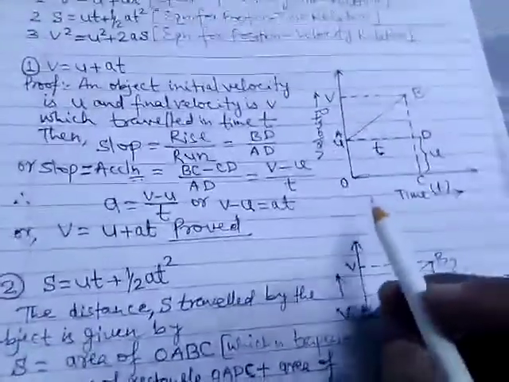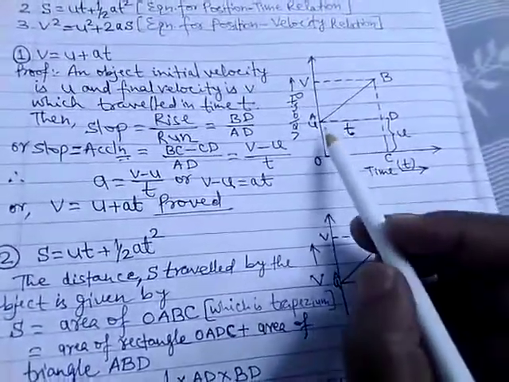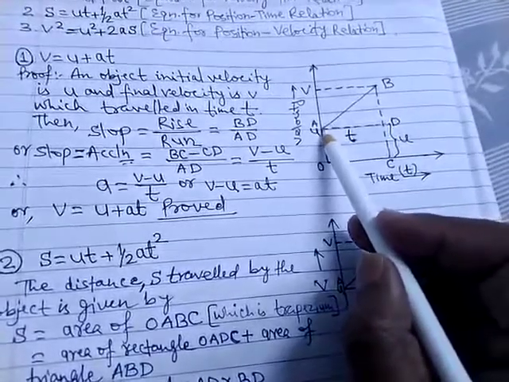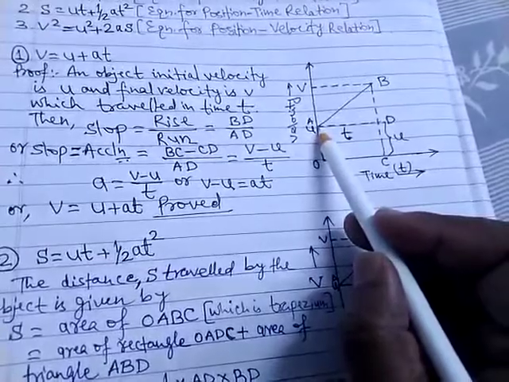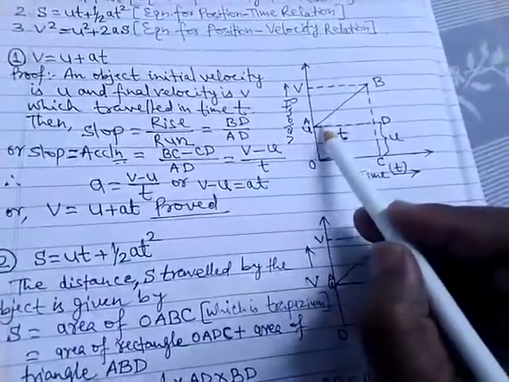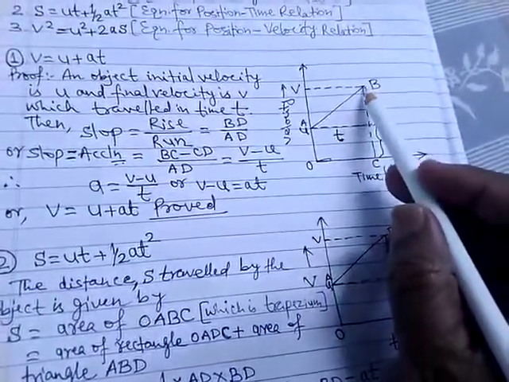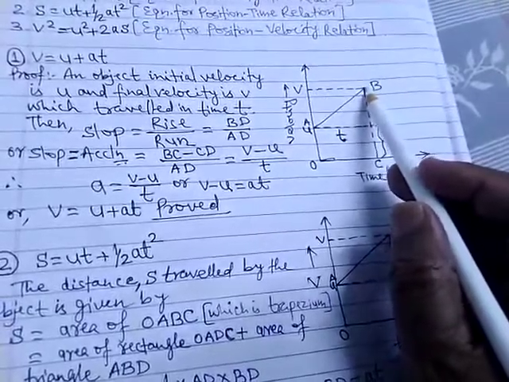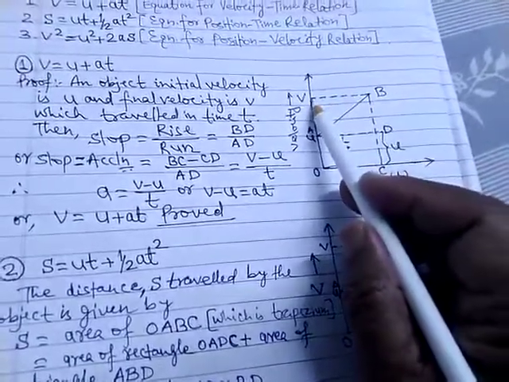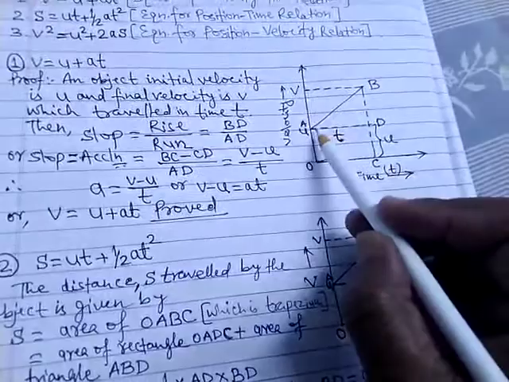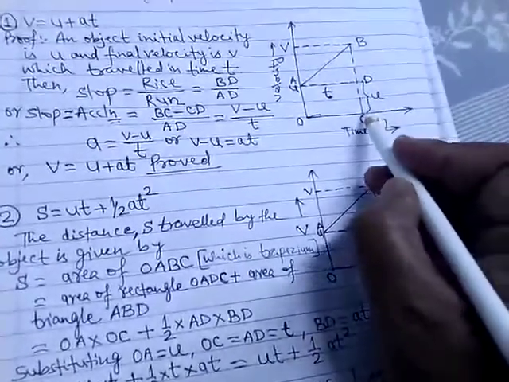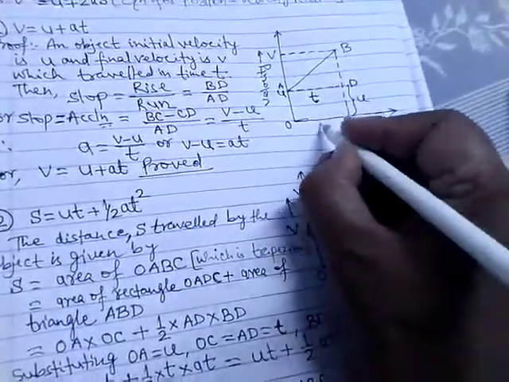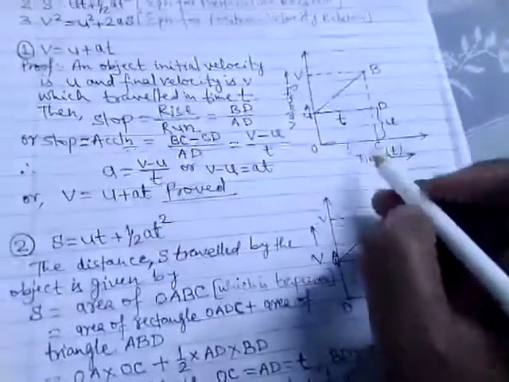Suppose an object started from position A. So the initial velocity is u, and it travels and reaches the point B. So the final velocity is v, and for traveling from A to B the time taken is t. So from here to here, this is time t.